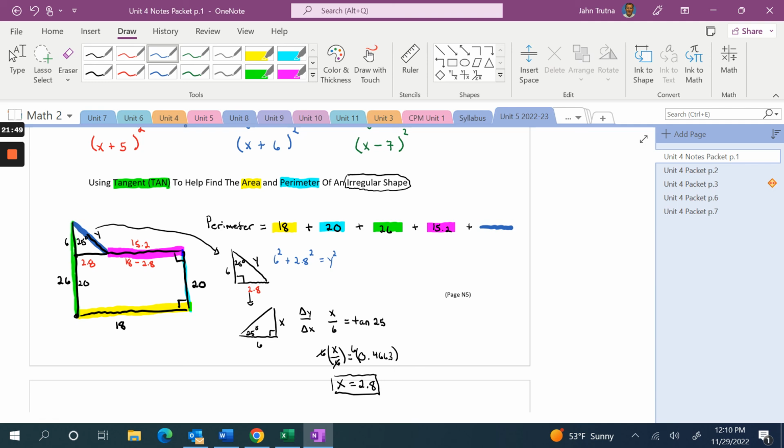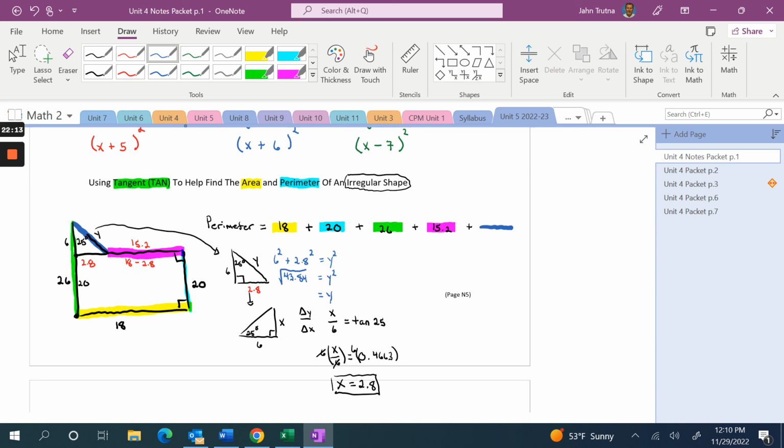I work this out. 6 squared plus 2.8 squared is 43.84. So squaring those and adding them, I get 43.84 is equal to y squared. And then remember, that means that your value of y is going to be the square root of 43.84.